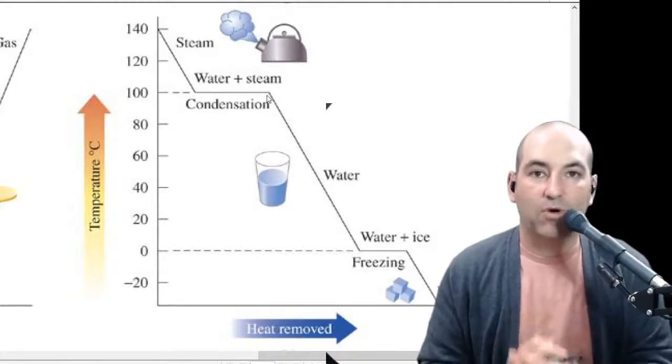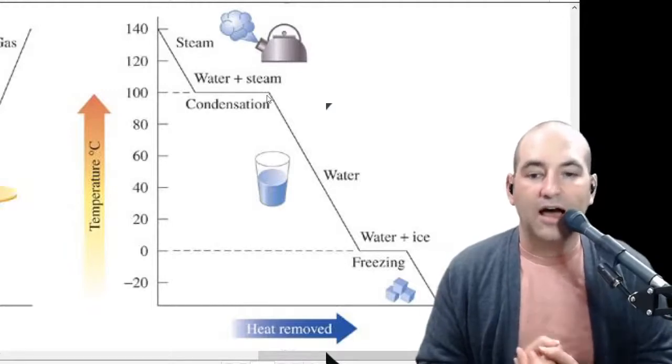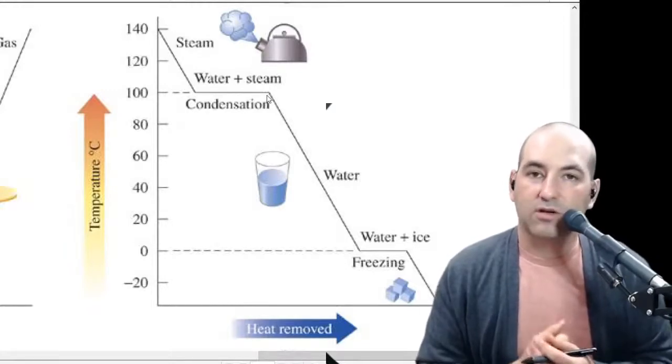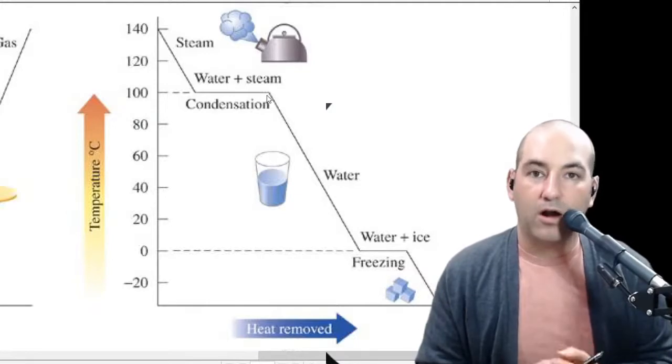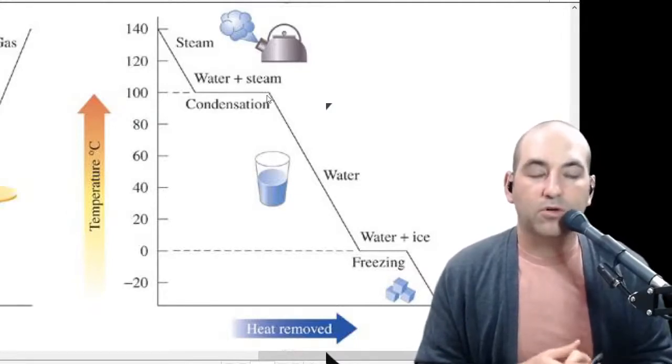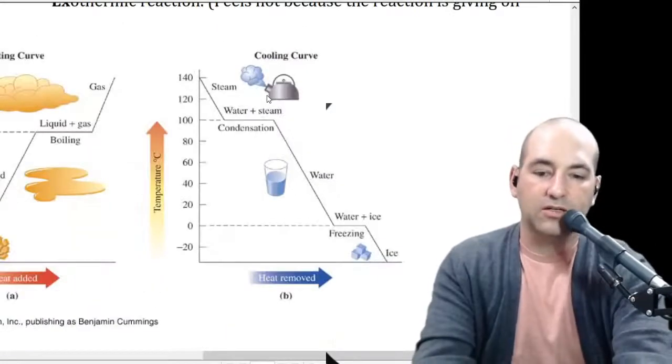That's a lot more energy than just touching something hot. So steam at 100 degrees will give you a worse burn than water at 100 degrees, even though they're both at the same temperature, because of transferring that energy from the phase change, that exothermic process.